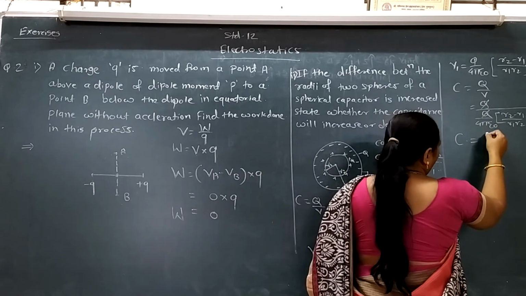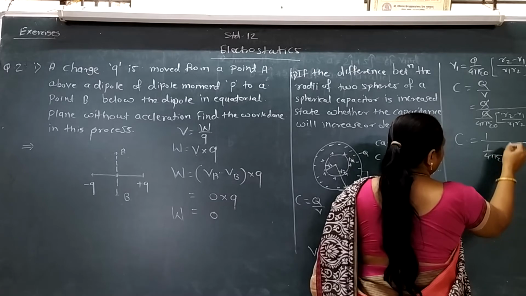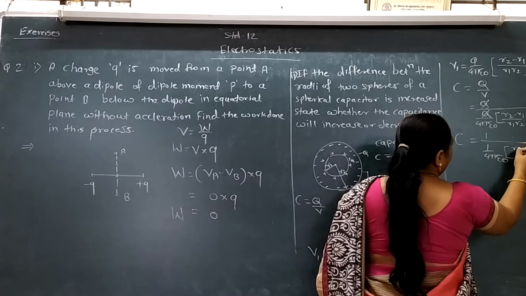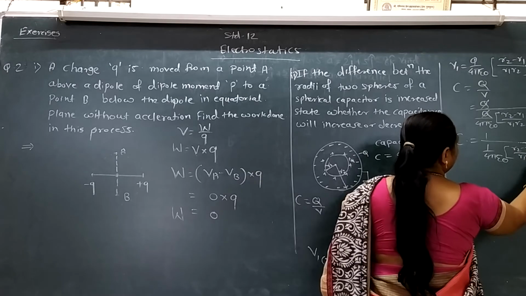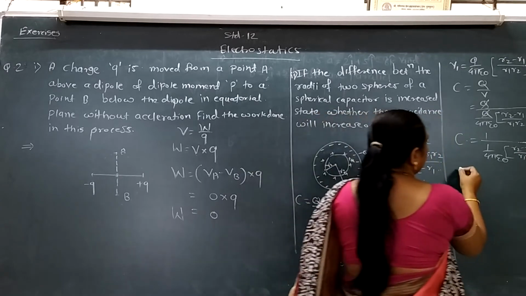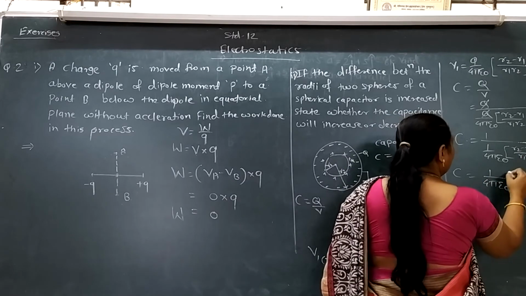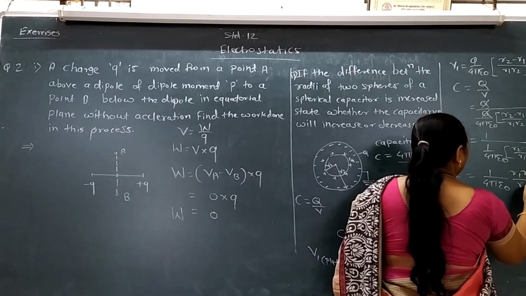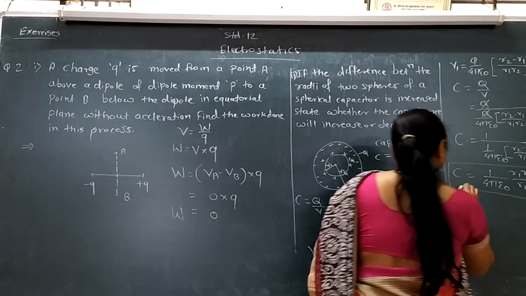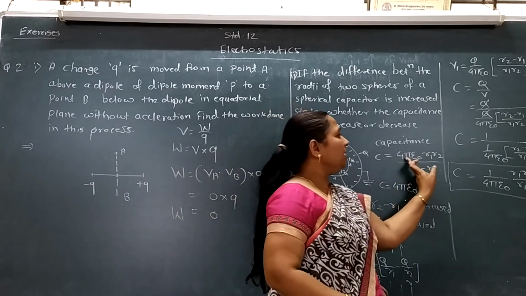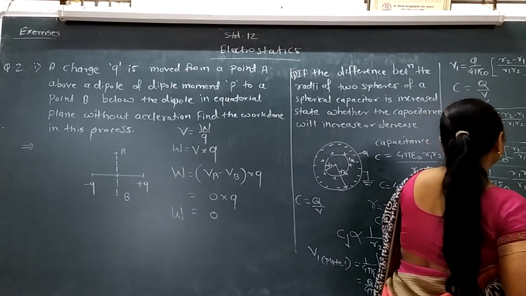Therefore, C is equal to 4 pi epsilon 0 R1 R2 upon R2 minus R1. This is the value of the capacitance.